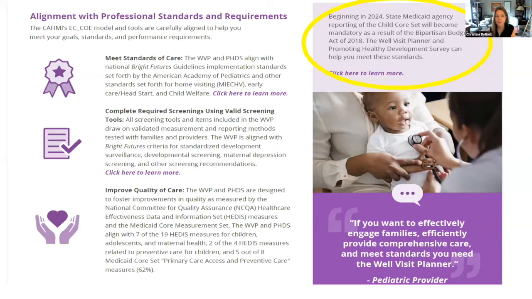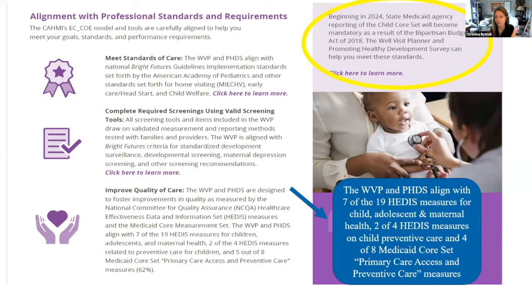In terms of alignment, I'm also not going to say too much about this, but I do want you to know that beginning in 2024, those state Medicaid core set measures are not going to be optional anymore. They're going to be required. And they include a lot of measures that relate to preventive care for children. So we've aligned specifically to make sure that whatever this non-proprietary tool includes aligns with the guidelines.